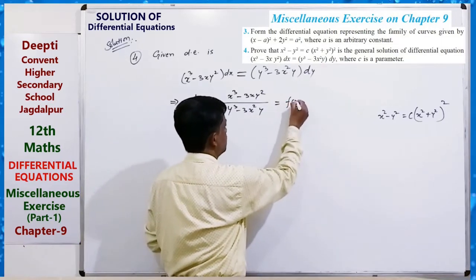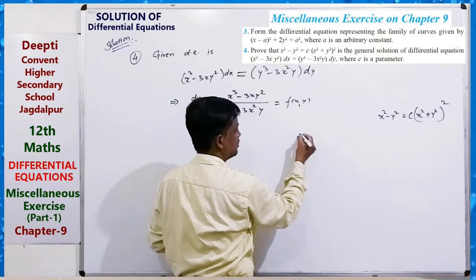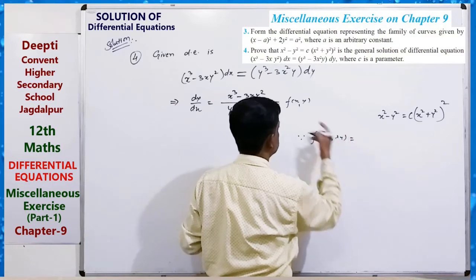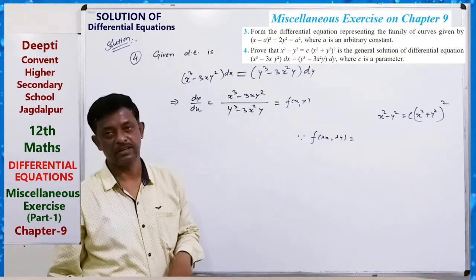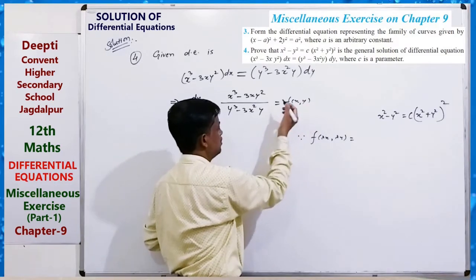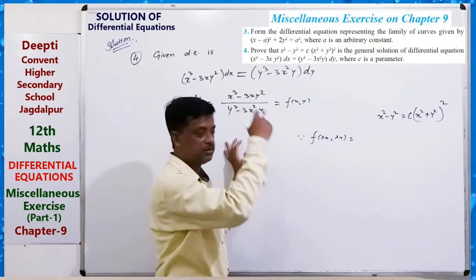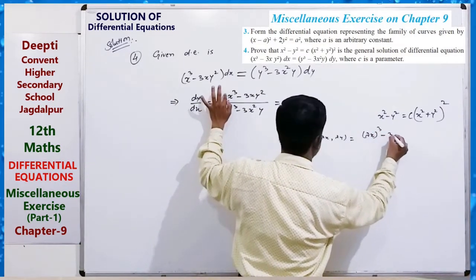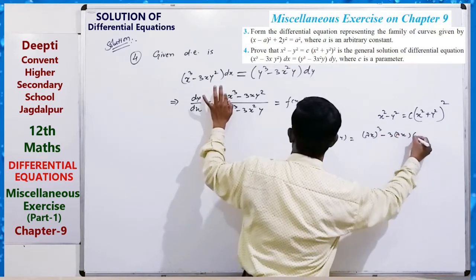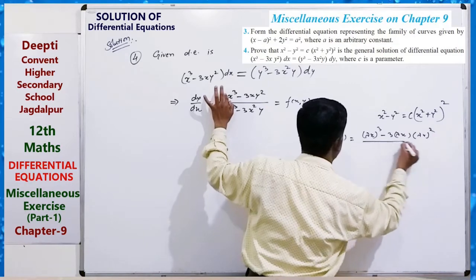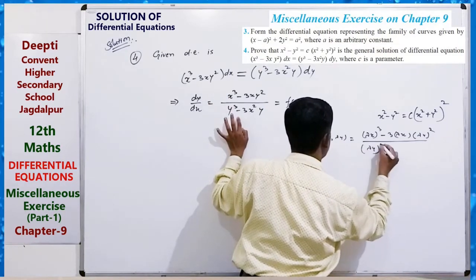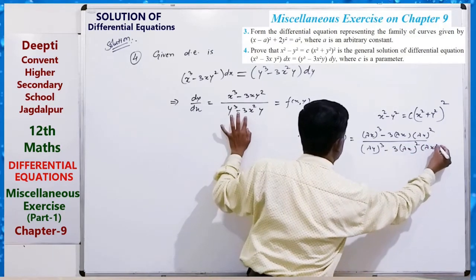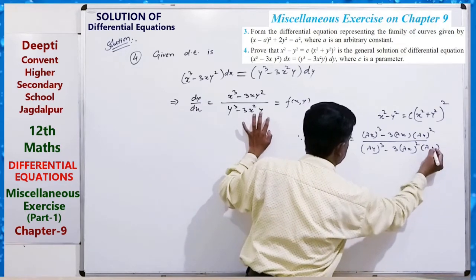So this is equal to f of x, y. Since f of lambda x, lambda y equals, in place of x, y, lambda x, lambda y, for a homogeneous equation: lambda x cube minus 3 lambda x lambda y square upon lambda y cube minus 3 lambda x square lambda y.